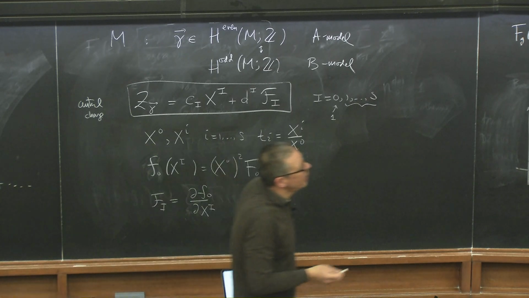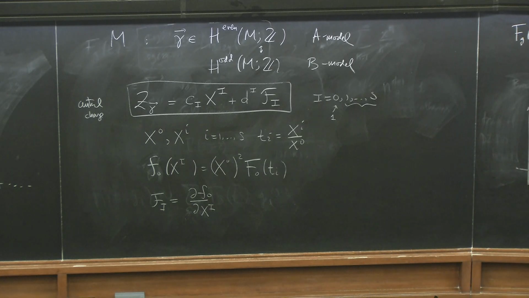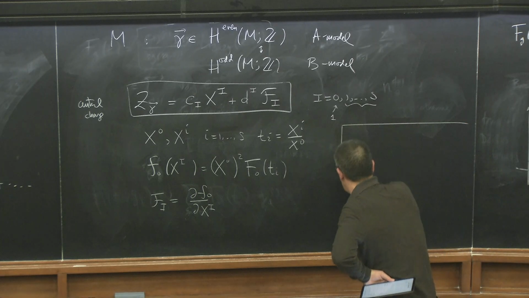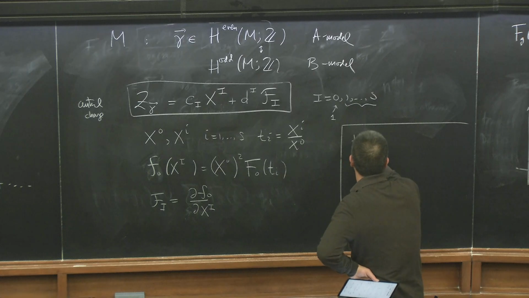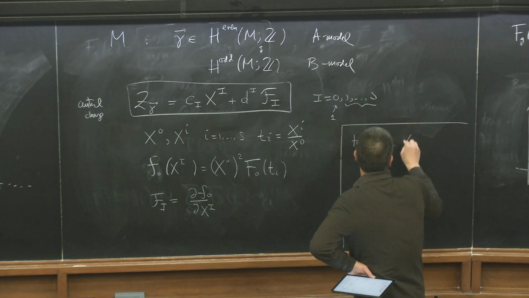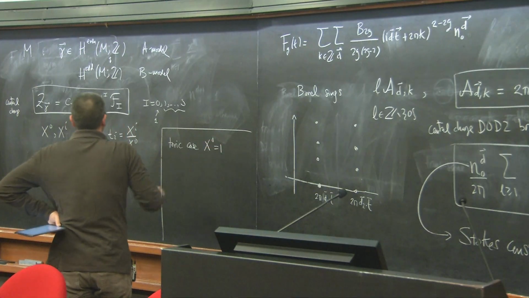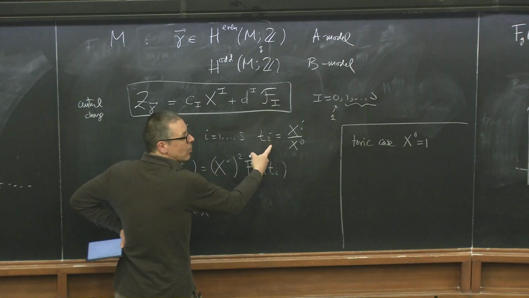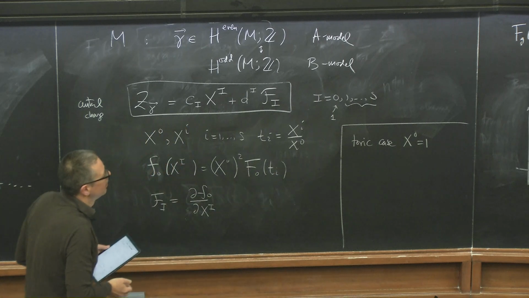Now the reason why here we got these simplified formulas is because in toric Calabi-Yau manifolds, including the resolved conifold, in the toric case, you can always put x0 to 1, okay? So when you put x0 to 1, you see that the only non-trivial variables are these ti's here, okay?